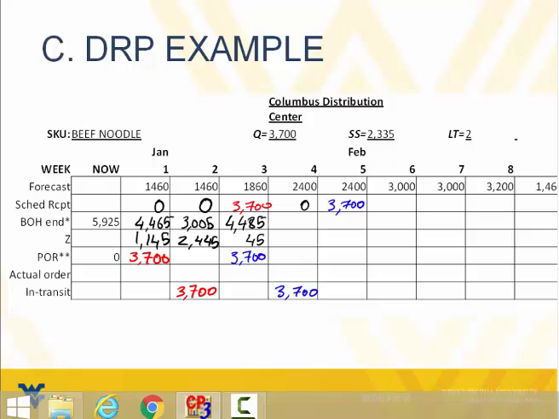All right, yes? 4,485 minus 4,800? Yeah, 4,800 is bigger than 4,485, so that'll be a negative number.